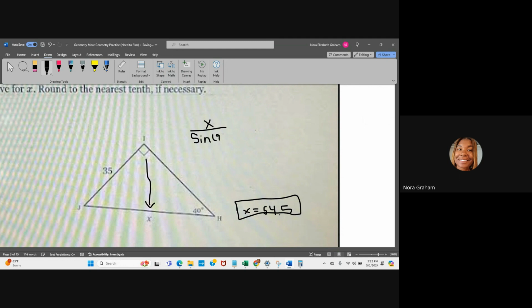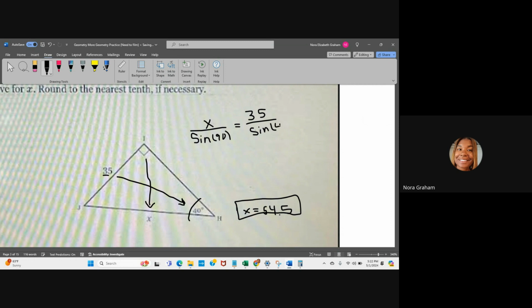And this is going to be equal to this side we have, and they give us this angle this time. So that's going to be 35 over sine of 40.